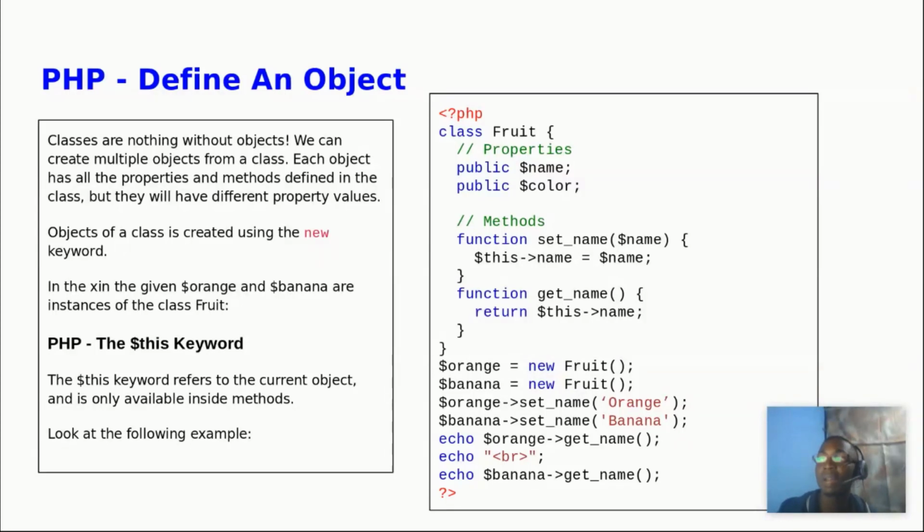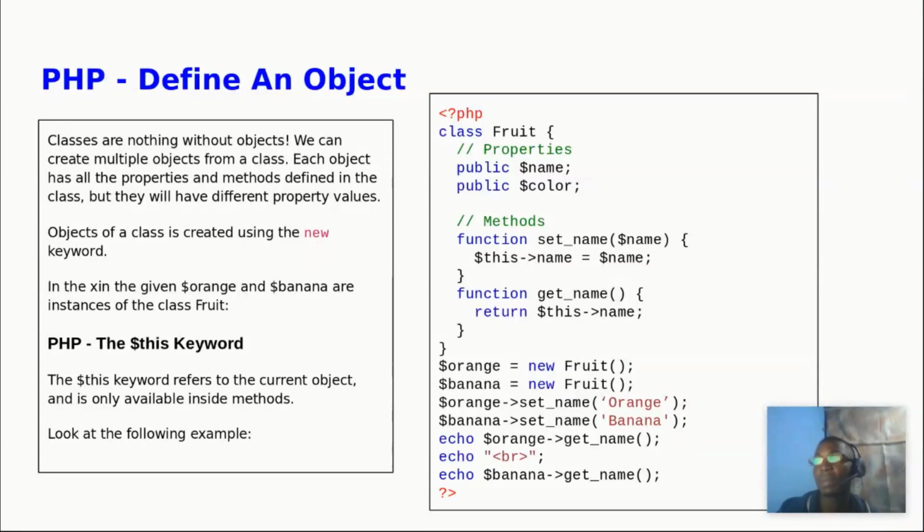Now, we have an example here, and I want us to talk about something before actually switching to my code editor. Also, the new keyword is used to define an object. Sorry, I did not mention that. When you want to define an object, you use the new keyword, and then you pass in the object name and so on.